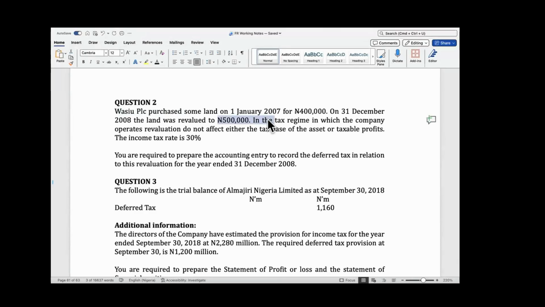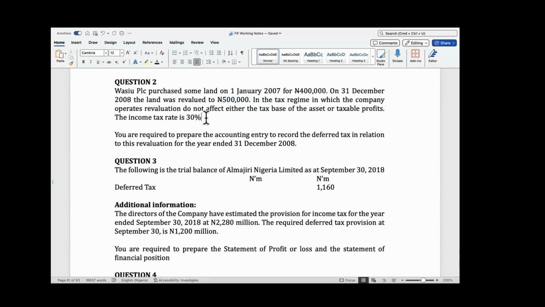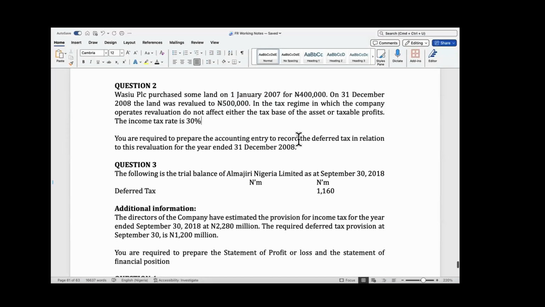We're now told that in the tax regime in which the company operates, revaluation does not affect either the tax base of the asset or taxable profits. The income tax rate is 30%. You are required to prepare the accounting entry to record the deferred tax in relation to this revaluation for the year ended 31st December 2008.